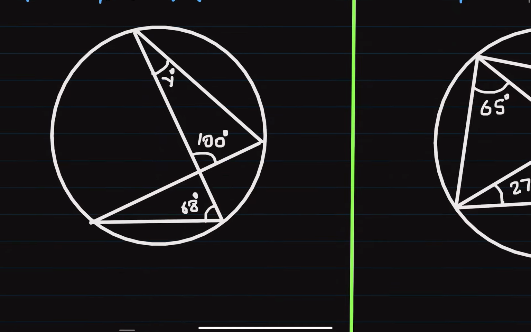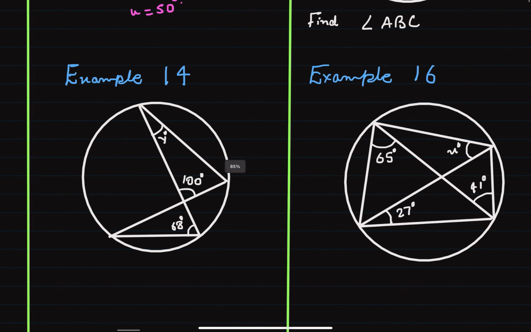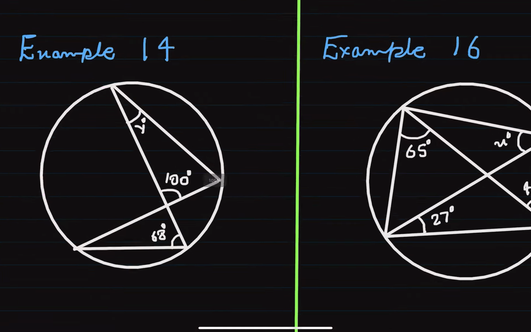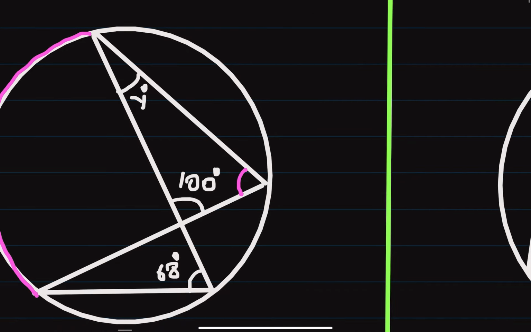So come to example number 14. We need to work out this y. This is 68, which is subtended by this arc. So this is also subtended by the very same arc, right? So this angle should also be 68. So you just add them and subtract from 180, and you will find y, right?